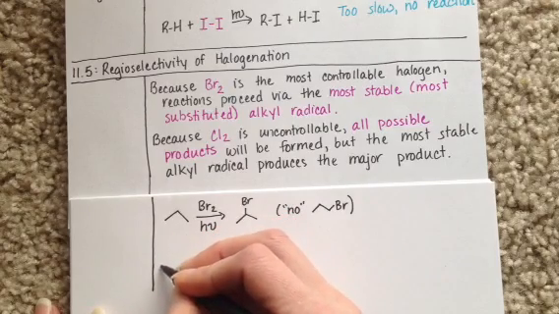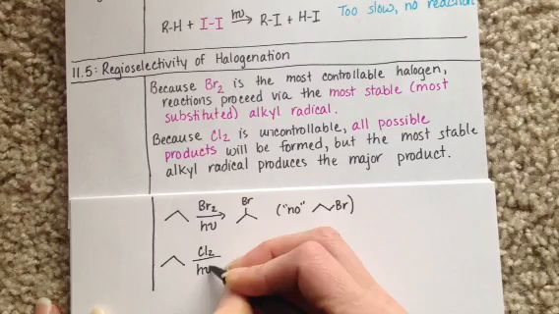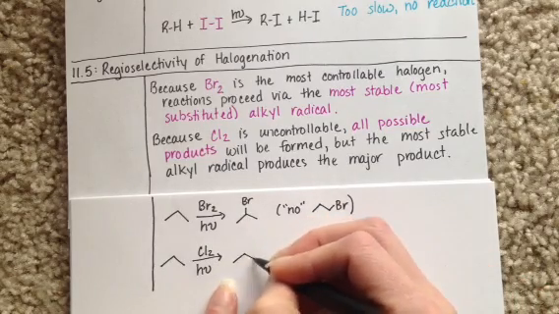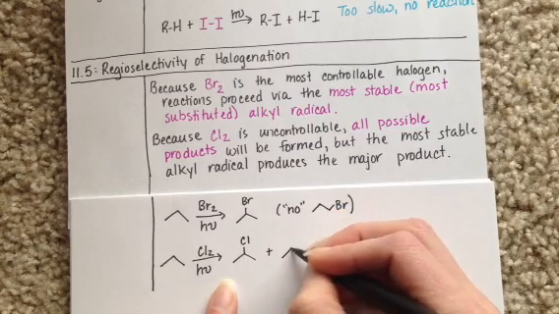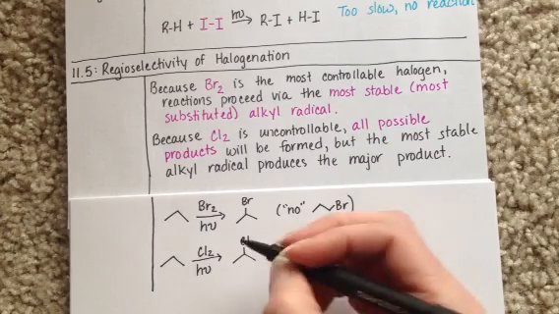Now with the chlorination, remember we're going to make everything. So we're going to chlorinate on the center carbon. We're also going to chlorinate on the end carbon. And we're going to make a large enough quantity of both of these products that we need to write both of them down.